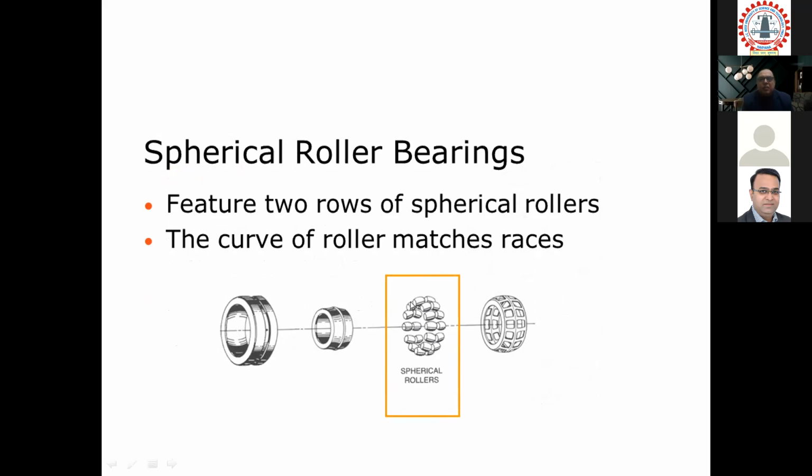If you complete this part which is cut at the end, then it will become a sphere. Because of the shape, with the inner race and a spherical roller sitting on that, it should be able to take a radial load as well as an axial load.